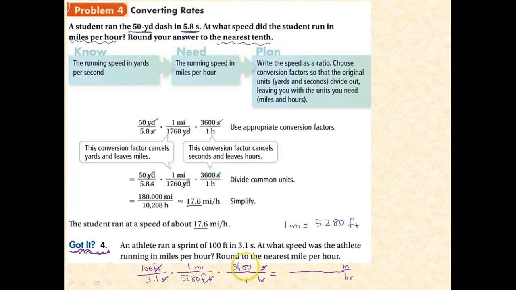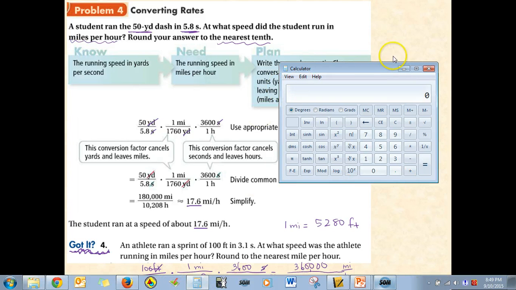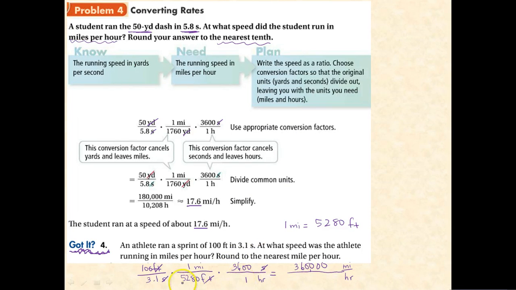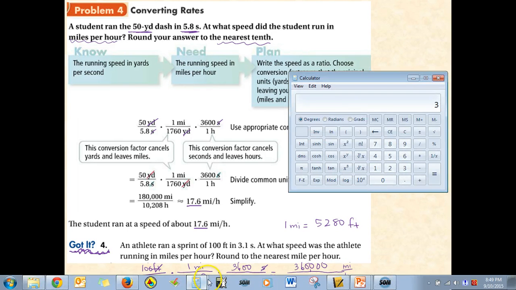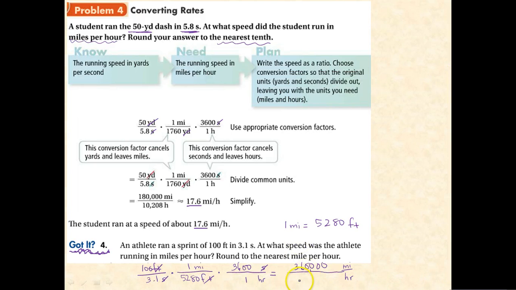And 100 times 3,600 is 3,600 with 2 more zeros on it. So that's 360,000. And then 3.1 times 5,280. 3.1 times 5,280 is 16,368.